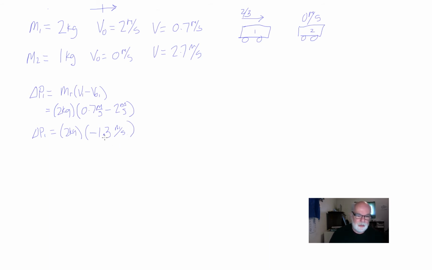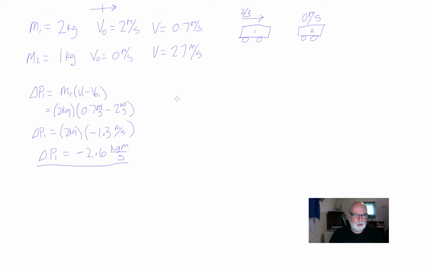Notice how it's a negative number because the initial velocity was greater than the final velocity. This gives us delta P1 equal to negative 2.6 kilogram meters per second. And this is what I would graph for delta P1.